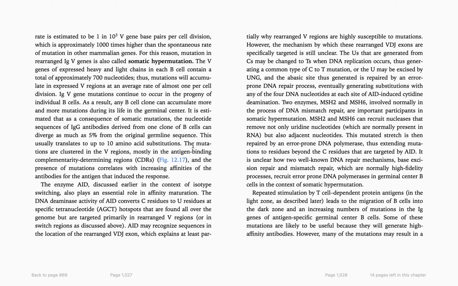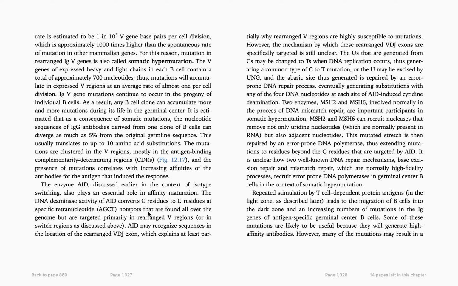This usually translates into up to 10 amino acid substitutions. The mutations are clustered in V regions, mostly in antigen binding complementarity determining regions, and the presence of mutation correlates with increased affinity of the antibody for the antigen that induced the response.